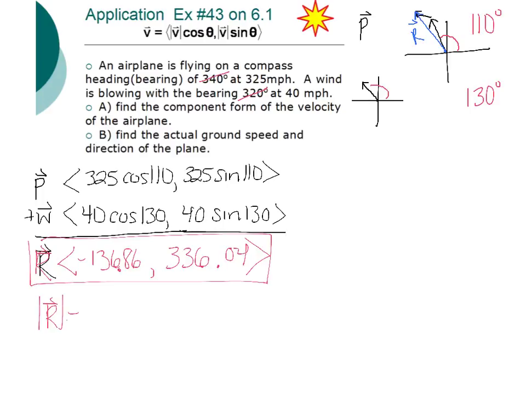The magnitude is just going to be the square root of the negative 136.86 squared plus the 336.04 squared. Let me type that in.